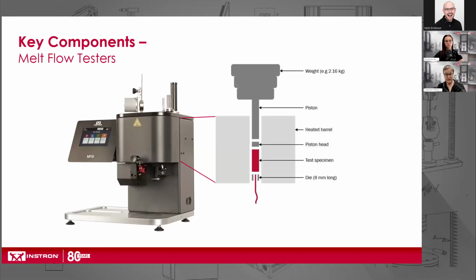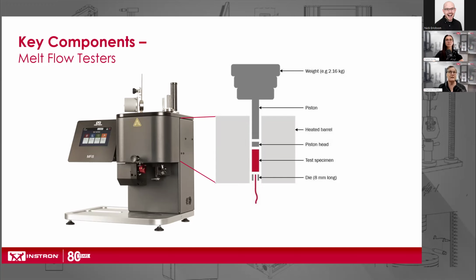A melt flow test is a very standards-driven test. The ASTM and ISO standards define very well how the test should be done. And in addition, the systems used in these tests are very standards-driven. The standards, either ISO or ASTM, both call for the system to have a heated barrel. That barrel is to be a defined overall length and diameter.